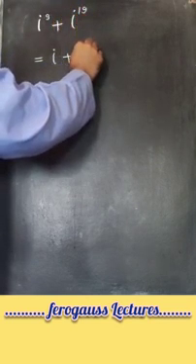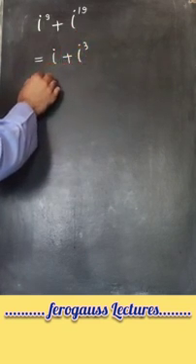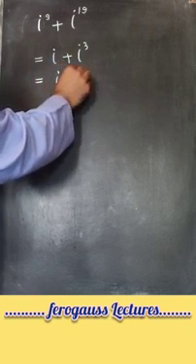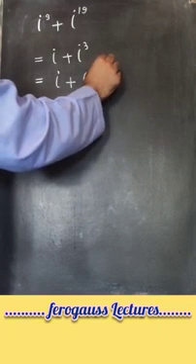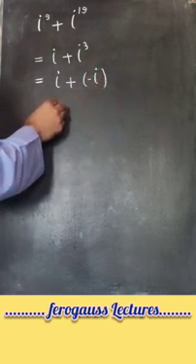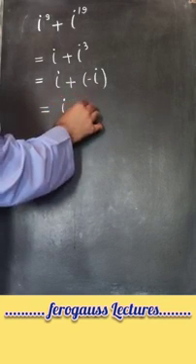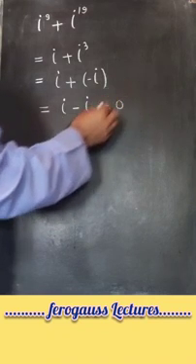So this is equal to iota raised power 3, which is equal to minus iota. That is further equal to iota plus minus iota, which is equal to 0.